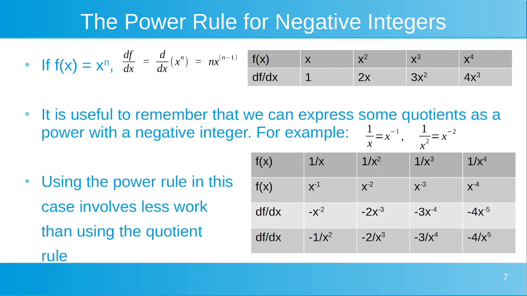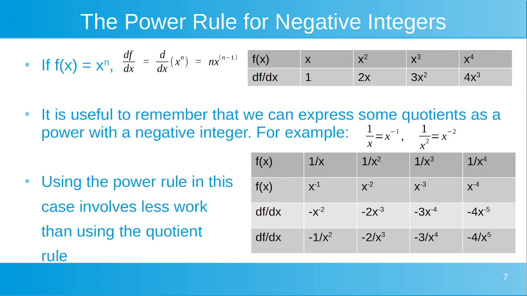And in the second row of that table, we're rewriting that f of x as x raised to the power of some negative integer. So that 1 over x, we can rewrite as x to the power of minus 1. That 1 over x squared, we can rewrite as x to the power of minus 2. That 1 over x cubed, we can rewrite as x to the power of minus 3, and so on.